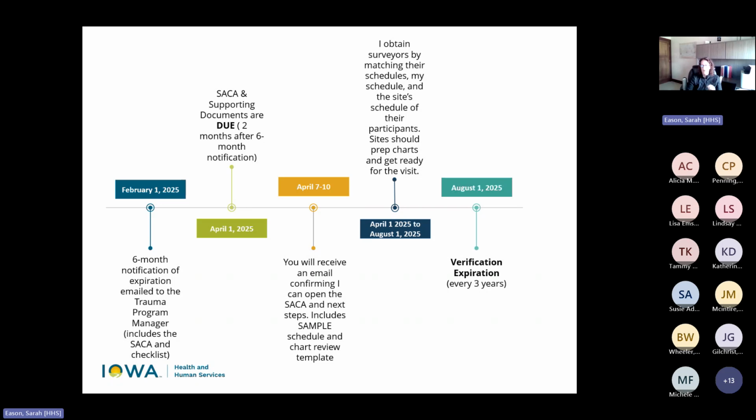Okay, so when we're trying to figure out when am I going to expire, when do I have to have this paperwork in, what is happening, I don't get it. So I've set up an example here to talk about what you can expect when. And of course, everybody's verification expiration date is different, so make sure you know when that is.